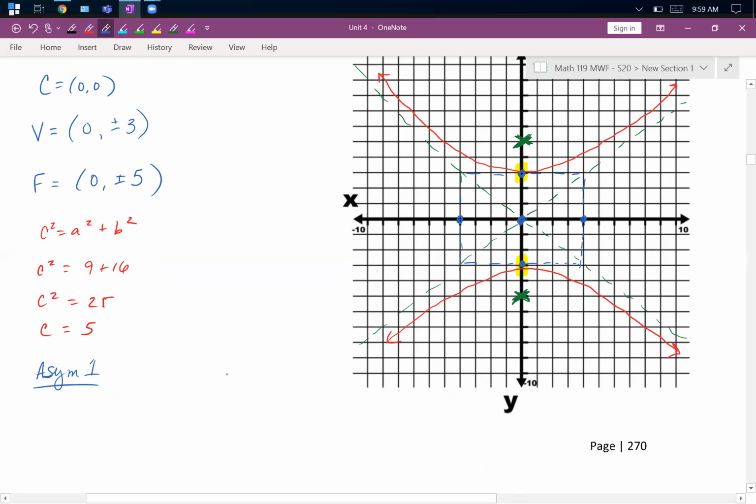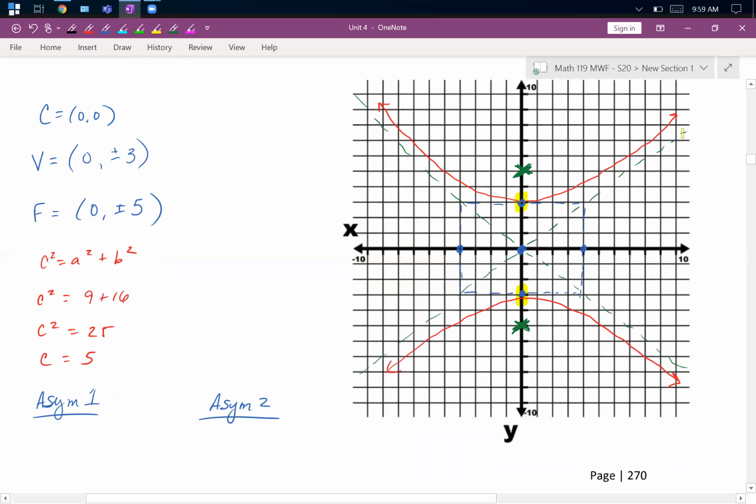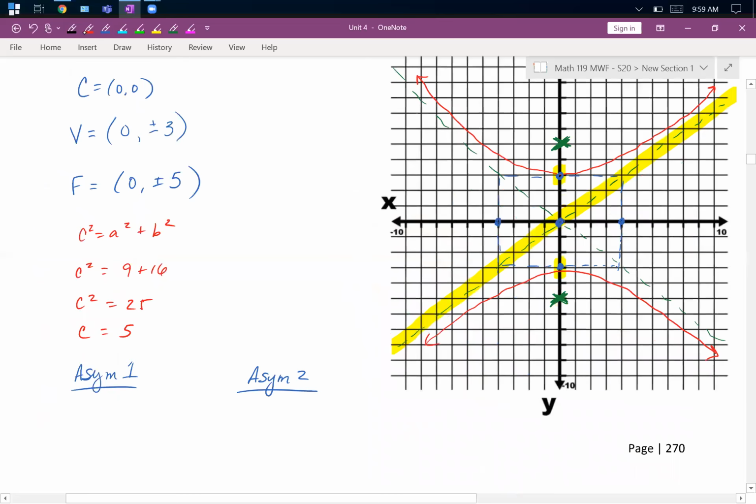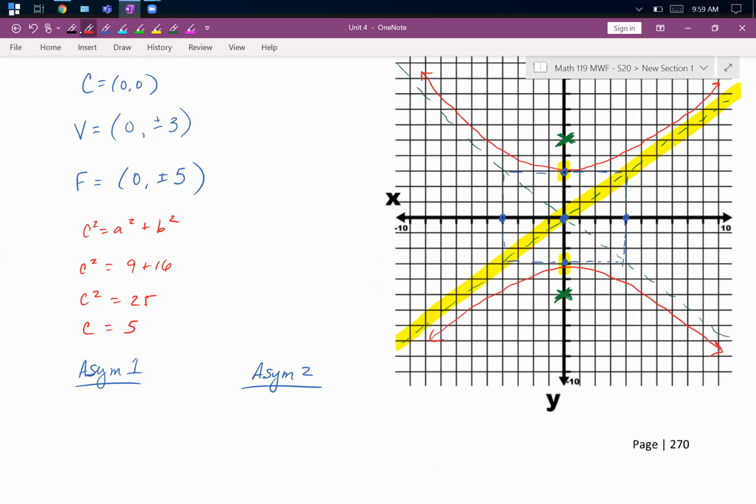Again, these won't be bad since our center is at the origin. So taking a look at this first asymptote, what's its slope going to be? 3/4.